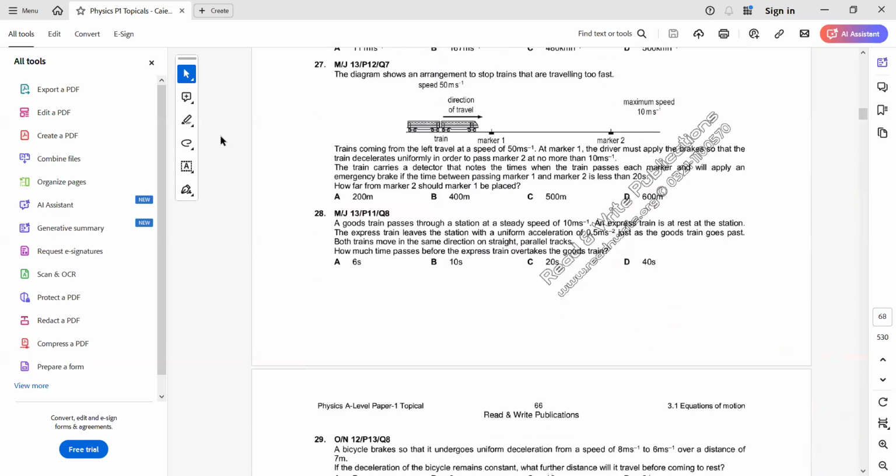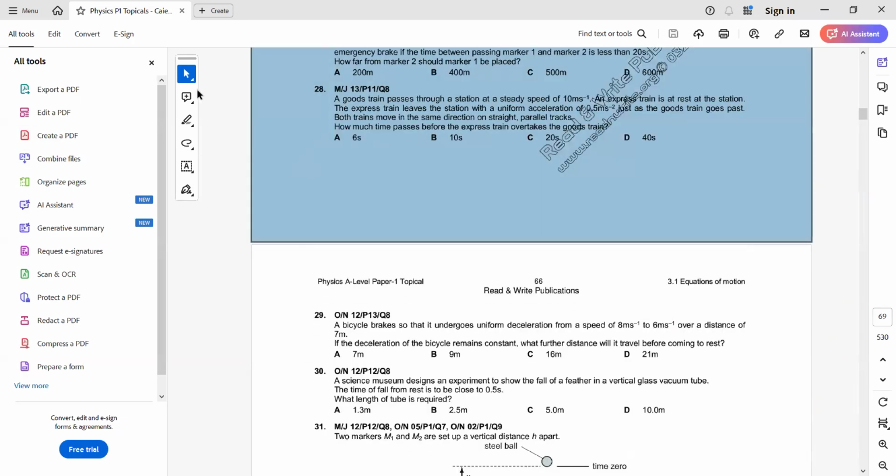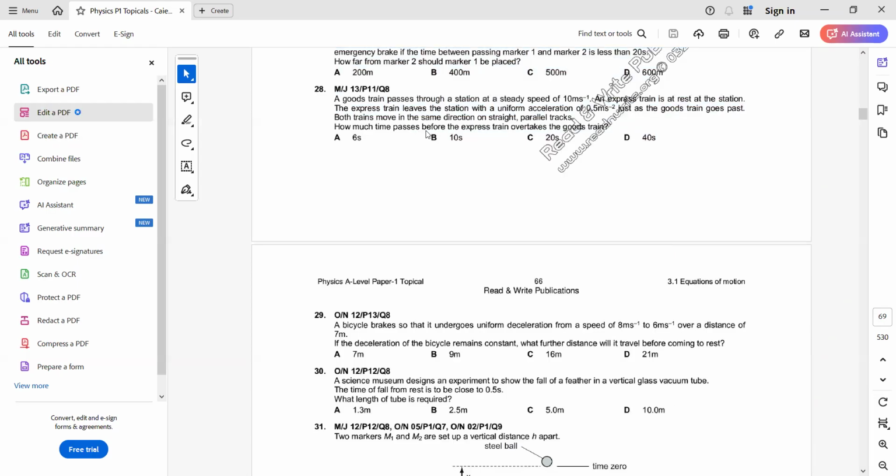You read it correct. Let's try question 28. I must say that it is a type 2 question. In a type 2 question, we have a combination of s equals vt and the acceleration equations, so we have to use a combination of both.